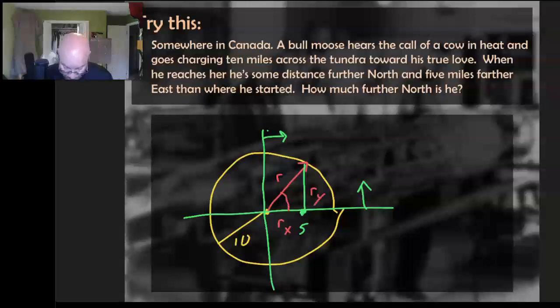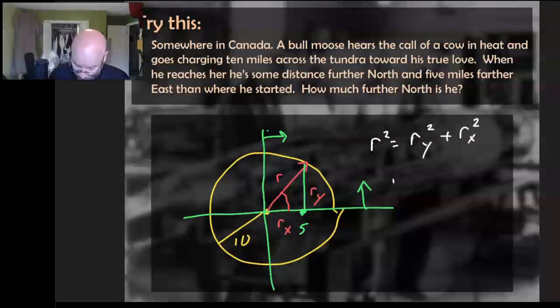So how can we get our head around this? Oh wait, you know what? We don't have to worry about the angle. We'll just pop this baby right out with Pythagorean's theorem, which tells us that r squared is going to be r_y squared plus r_x squared, just like that.